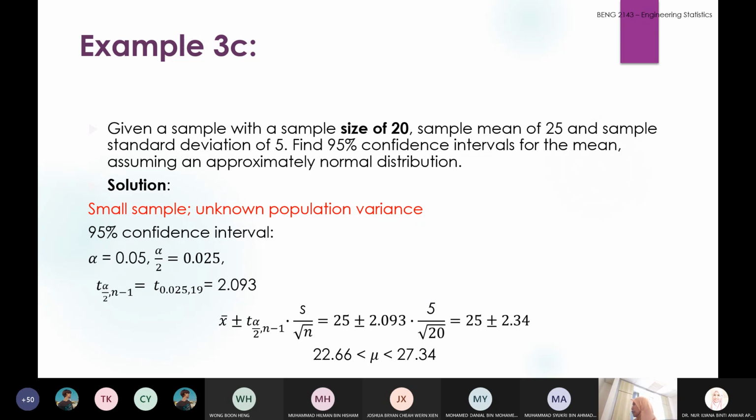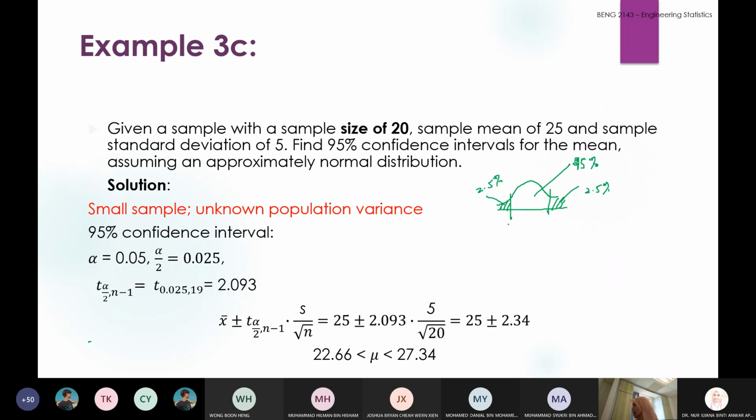If you want to draw it graphically, you have data, and you are confident by 95% of the data. So this is the error that you allow, which leaves you with 5%. So 5% divided by 2, you have 2.5% on the left side, and on the right side is also 2.5%.